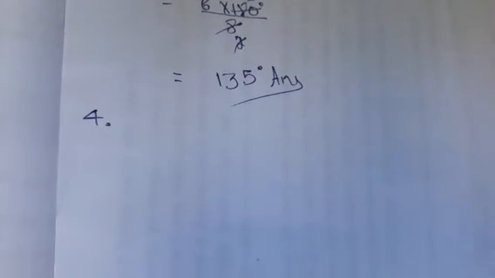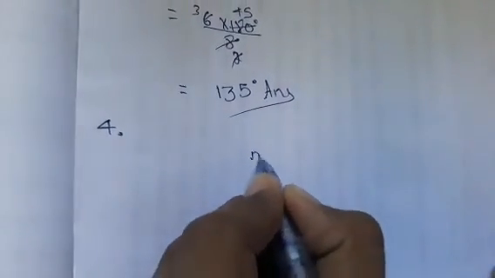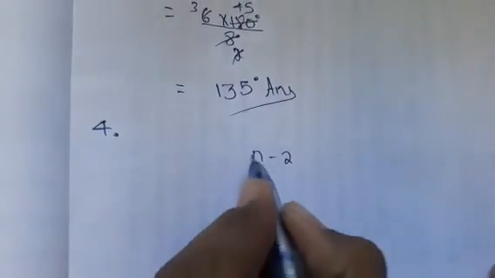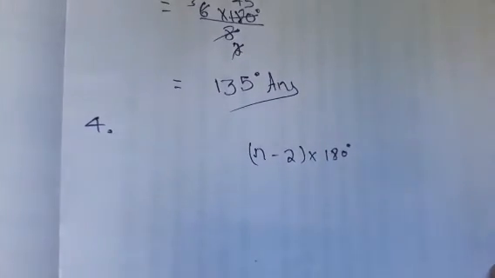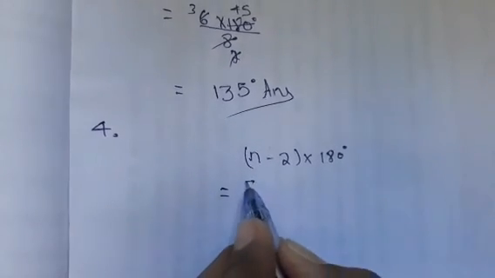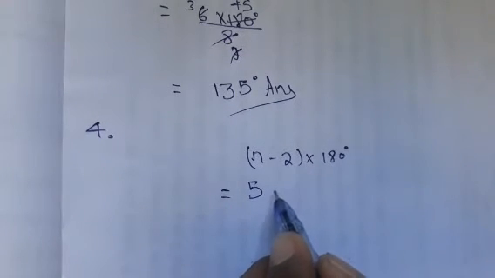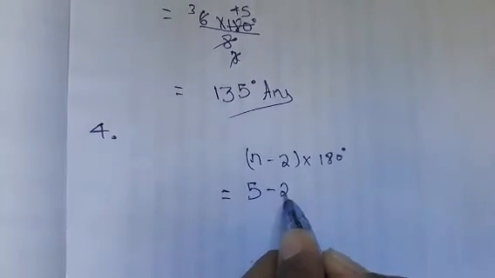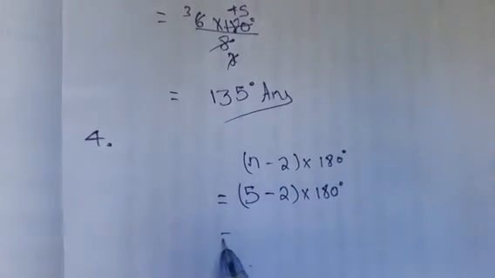So the formula is (n minus 2) into 180 degree. Okay, now put here 5. A pentagon has 5 sides, minus 2, into 180 degree.